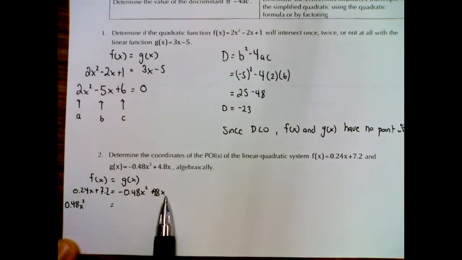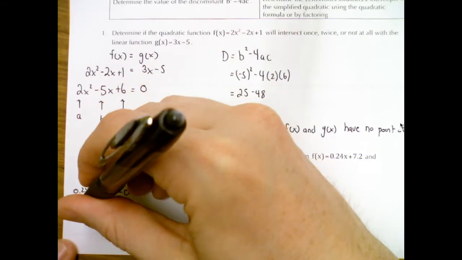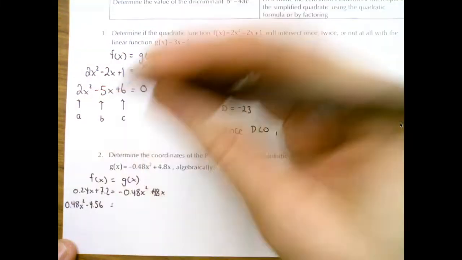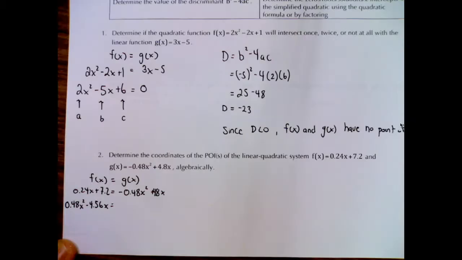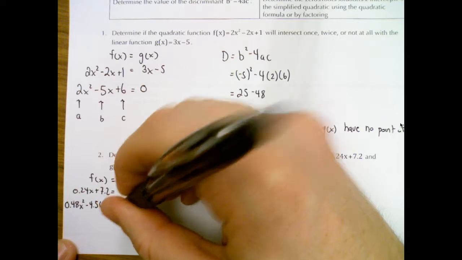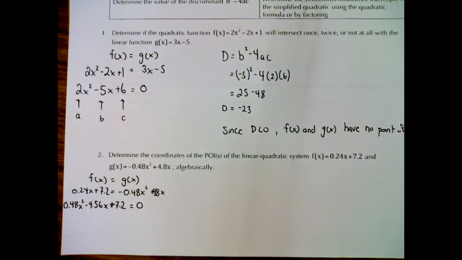So negative 4.8 plus 0.24, it's mental math here, negative 4.56x. And the 7.2 can stay. 7.2 equals 0. And now we have a quadratic.